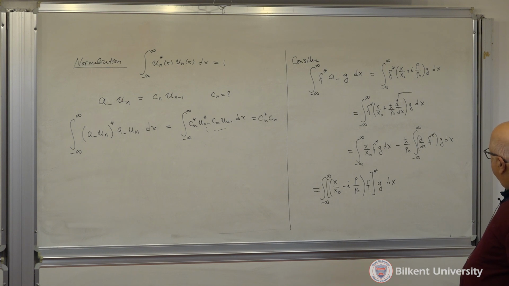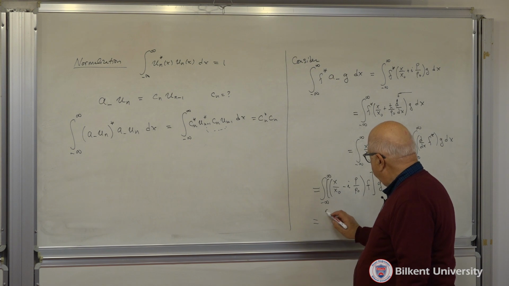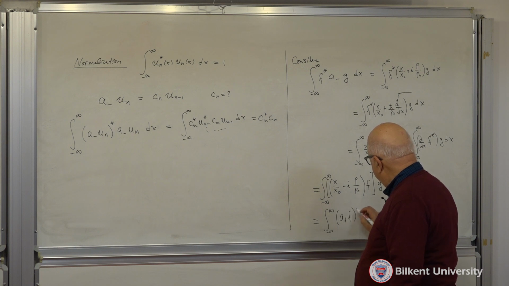P is h bar over i, minus plus, should be, but I'm not sure. x plus f. So this is going to be equal to the integral minus infinity to infinity of a plus f star g dx.